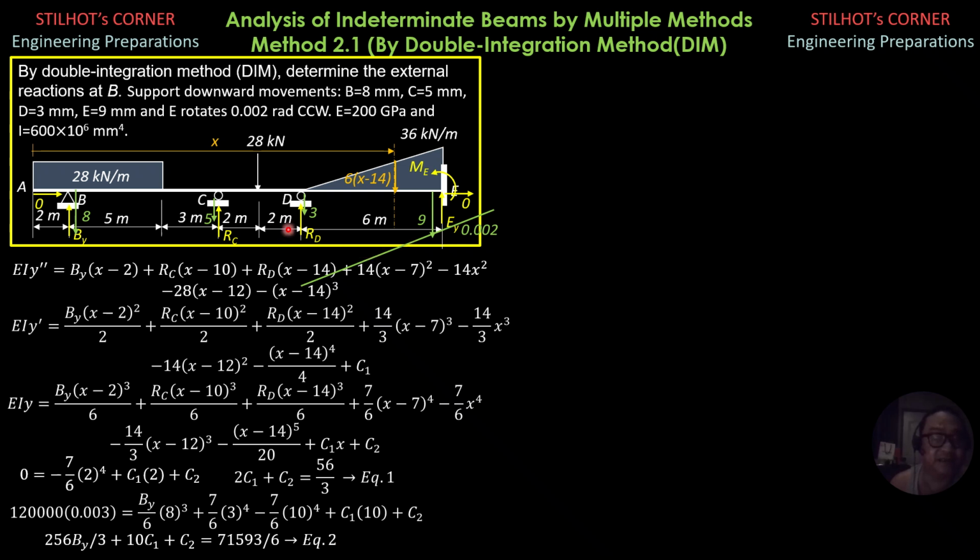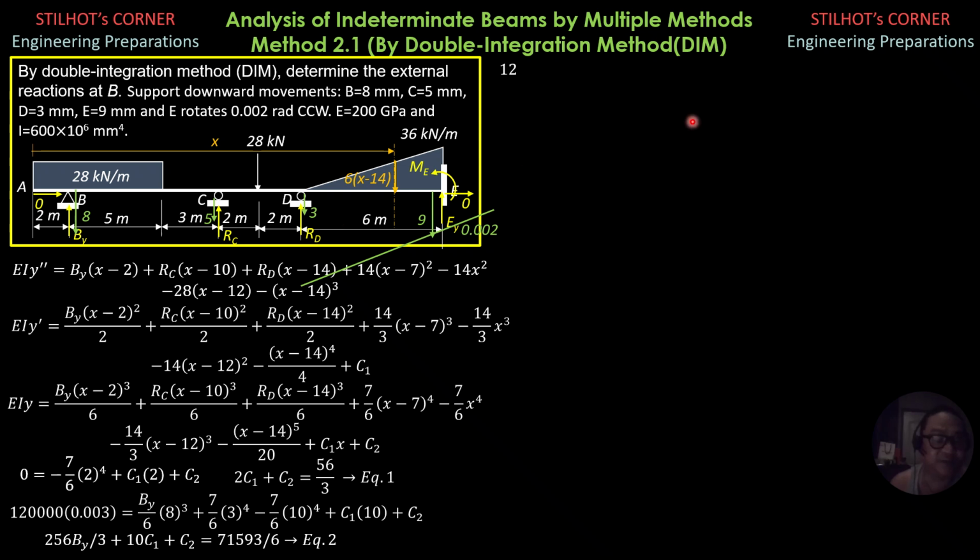Then when x is 14 at D, since this is the origin, D is 5 mm above the final position of B, where 5 is 8 minus 3. So when x is 14, y is positive 0.005 meter.